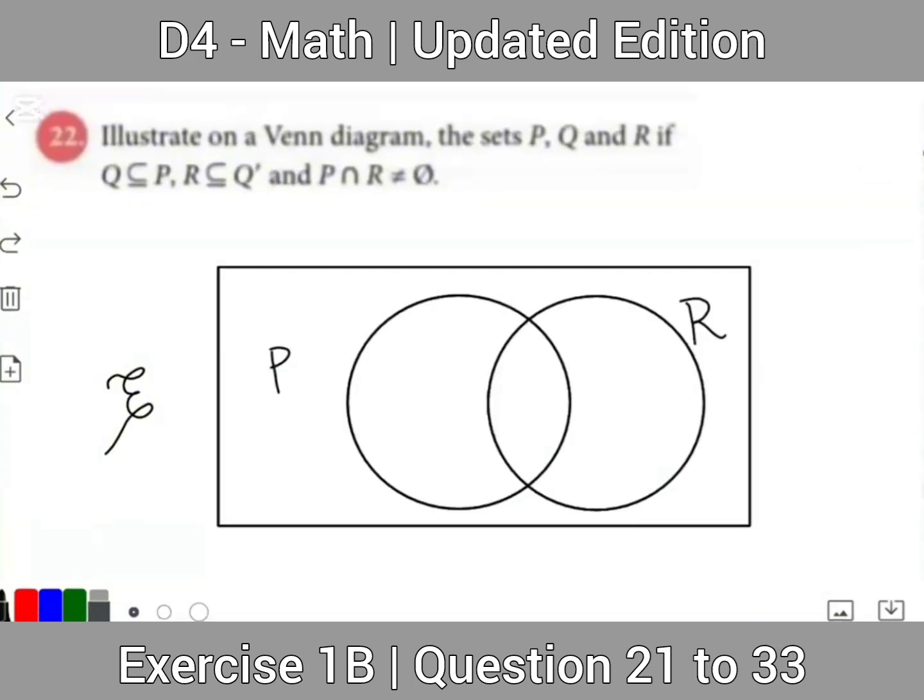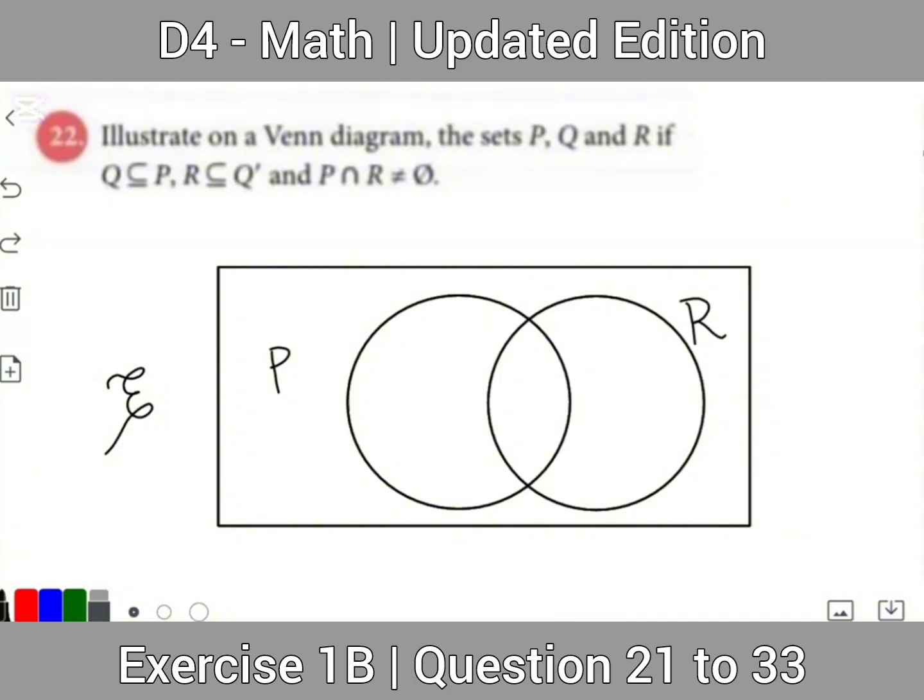So here we have 2 overlapping circles, P and R. Now, what about set Q? The set Q is a subset of set P. So there is another condition on the set Q: R is a subset of Q complement.